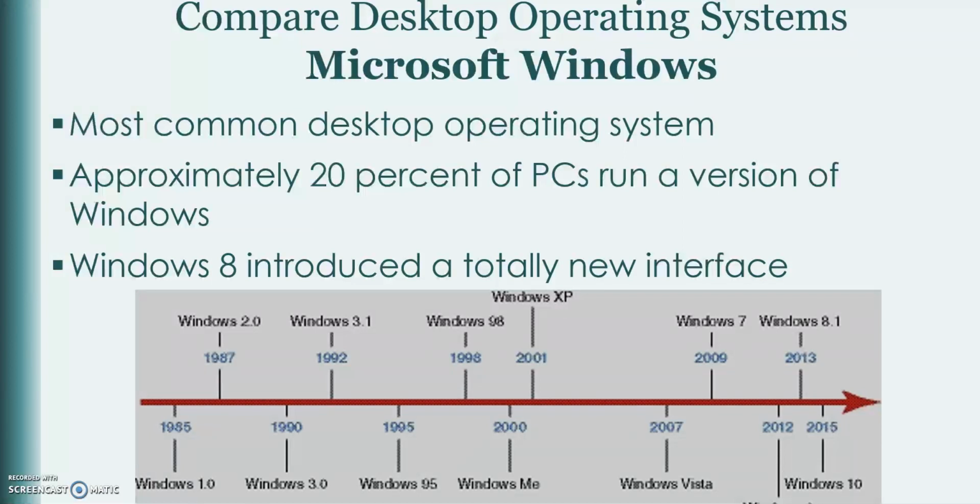Windows Vista introduced another new interface, as well as accessibility features. Windows 7, my all-time favorite, included a redesigned taskbar and some new ways in which to manipulate windows. Windows 8 introduced a totally new interface with a start screen with live tiles instead of the start menu.